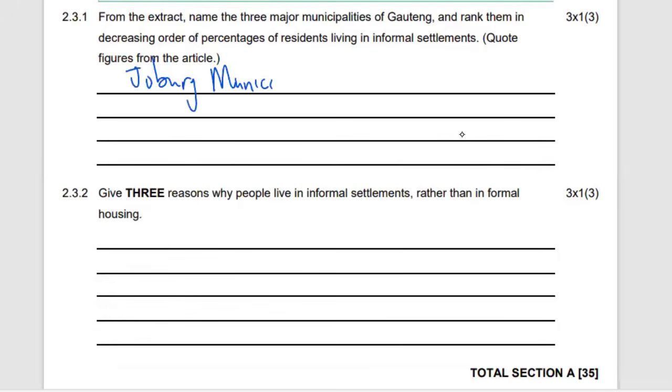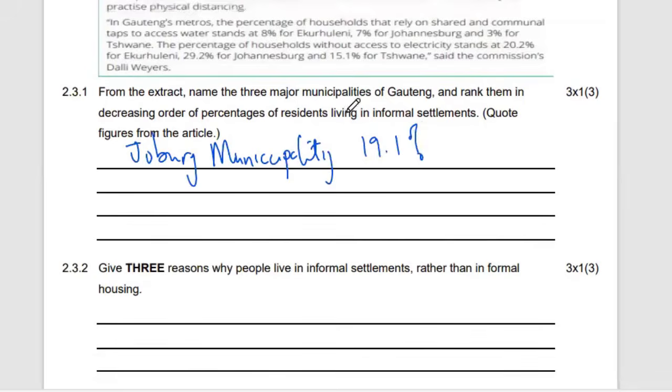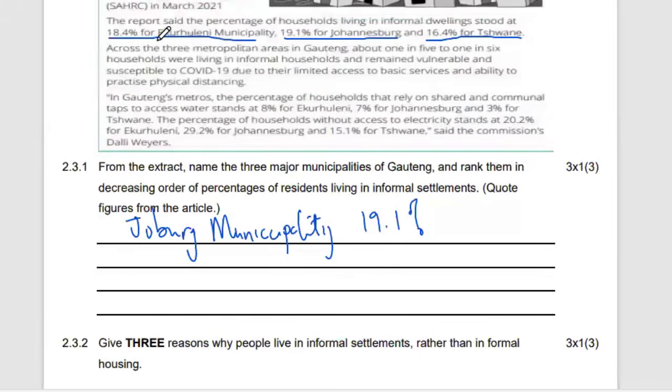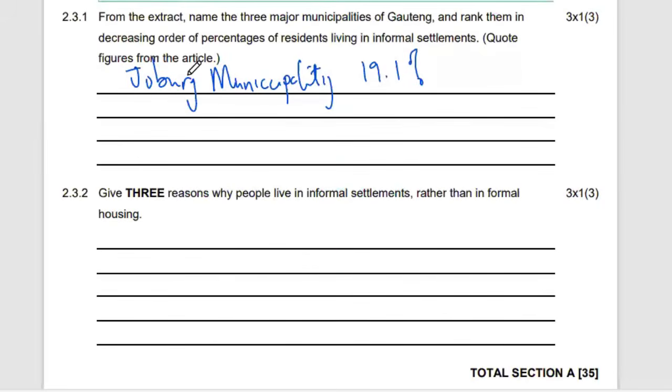Johannesburg municipality is the one, and it has 19.1% of the people in informal settlements. We are seeing it here. Then which one comes next is the one with 18.4, which is Ekurhuleni municipality, with a percentage of 18.4%.